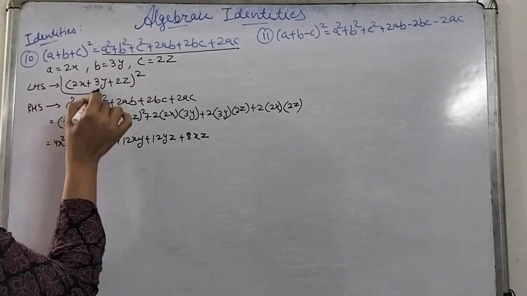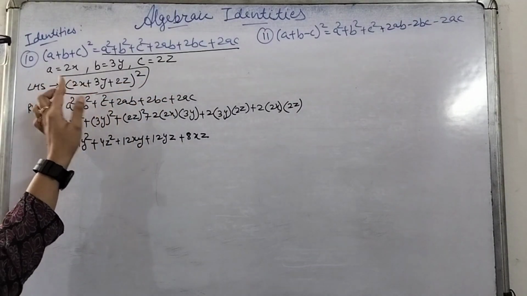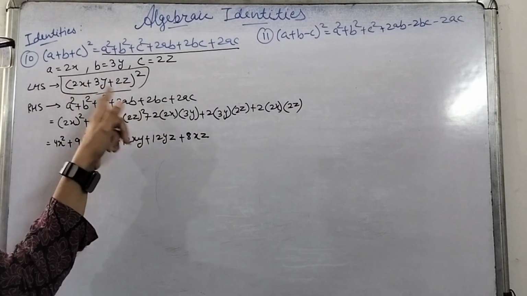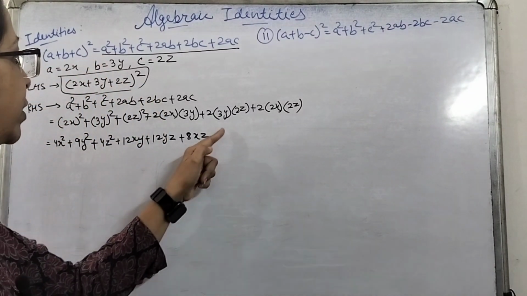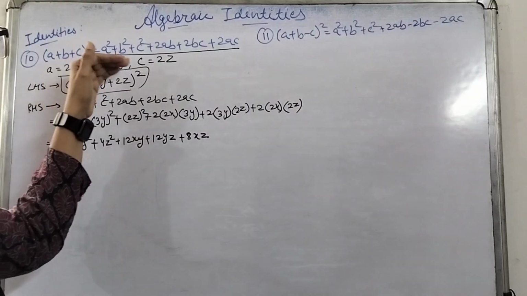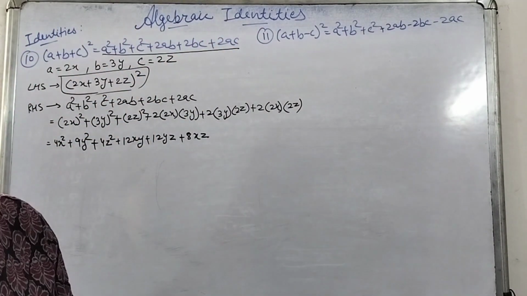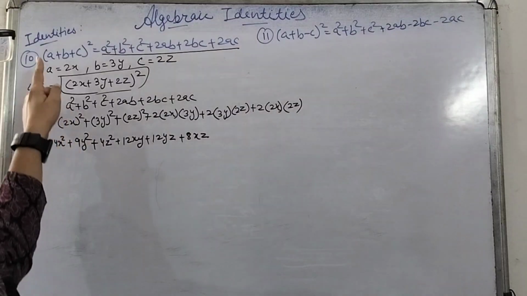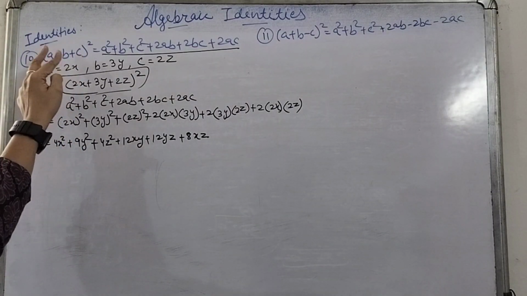This will be the square of 2x plus 3y plus 2z. If we were multiplying 2x plus 3y plus 2z by 2x plus 3y plus 2z only, then this would be the answer. So we need not multiply it directly, we can use the identity and get the answer. Now, here we have taken all three, a, b and c, as positive.